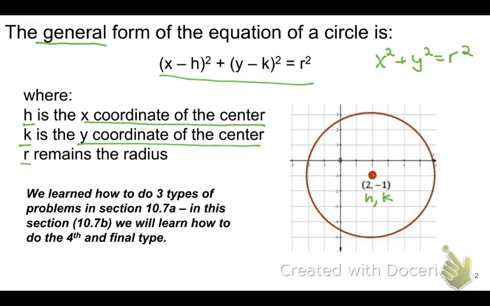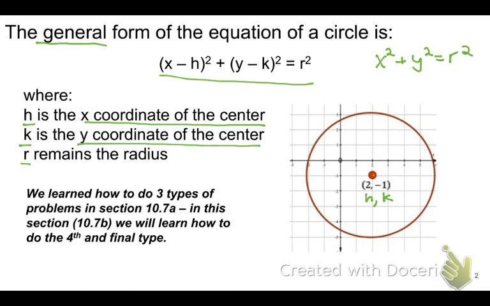And r just remains good old r. The general form of the equation of the circle is x minus the x-coordinate of the center squared plus y minus the y-coordinate of the center squared is equal to r squared.